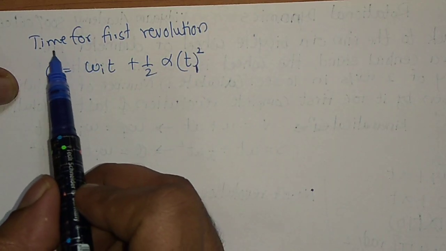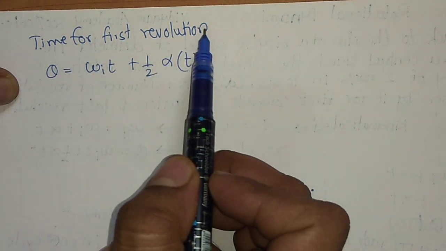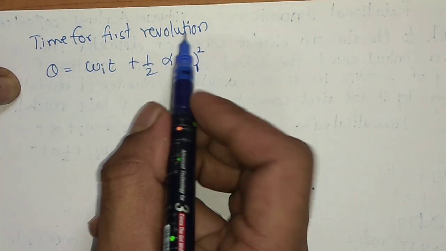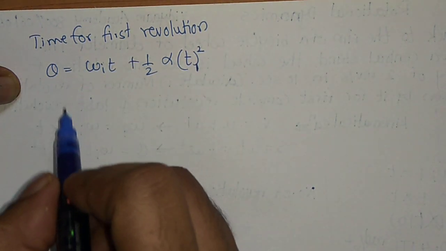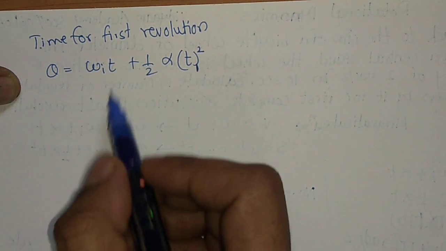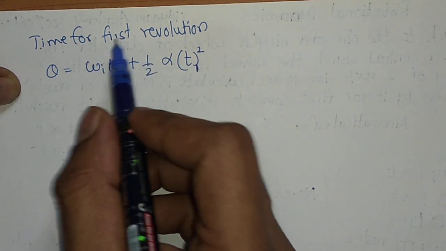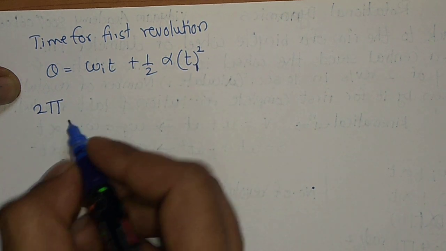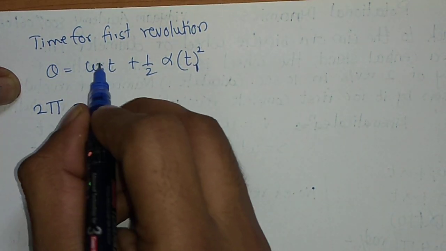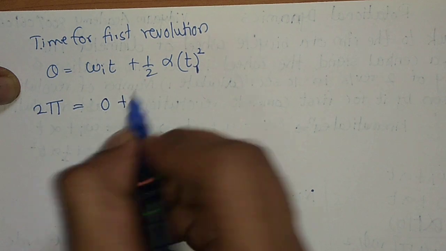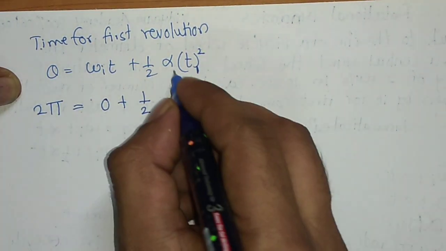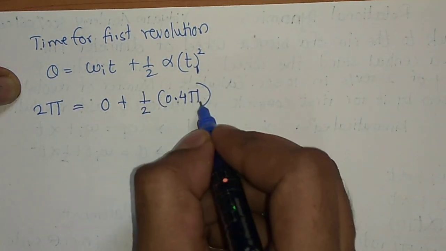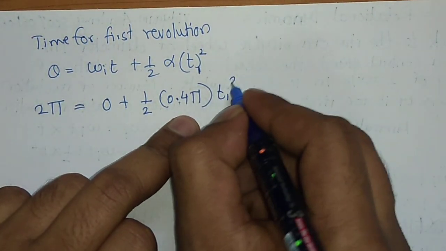Now next they are asking you about the time for the first revolution. Once again I'll use the same formula. To find the time, first we have to find the displacement traveled by the particle in the first revolution. So in the first revolution there will be a displacement of 2 pi, equals initial angular velocity 0, plus half the value of alpha, that is 0.4 pi, t1 square.